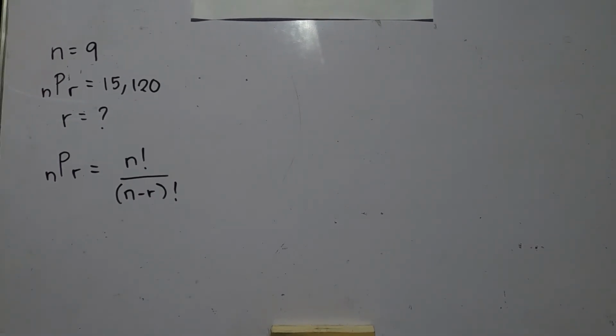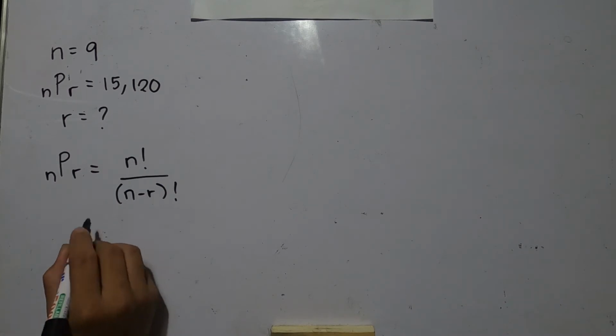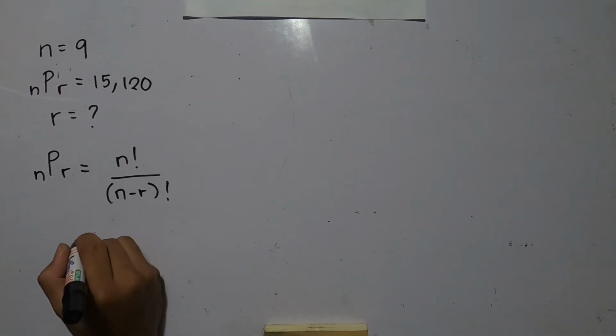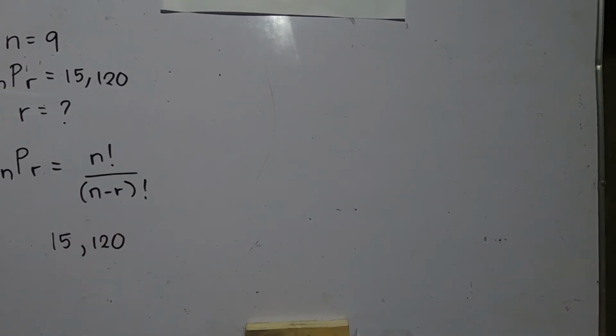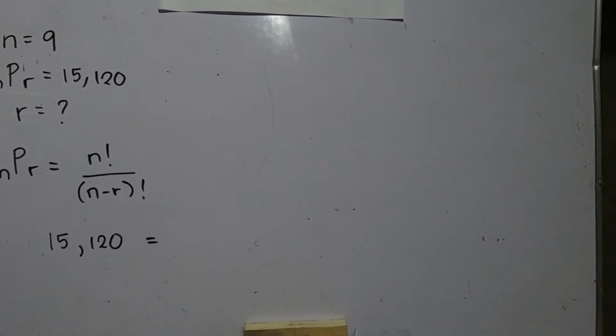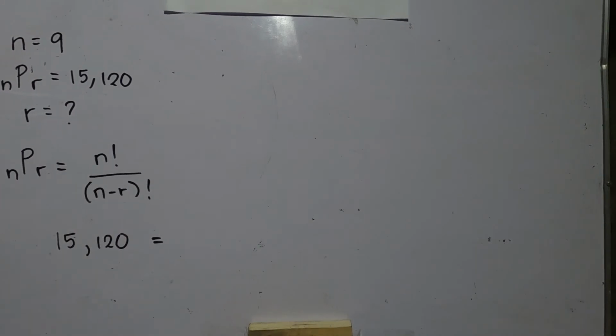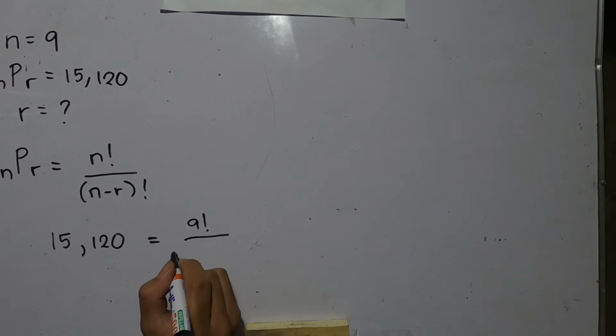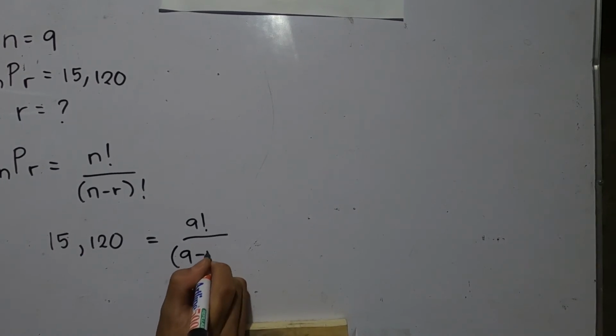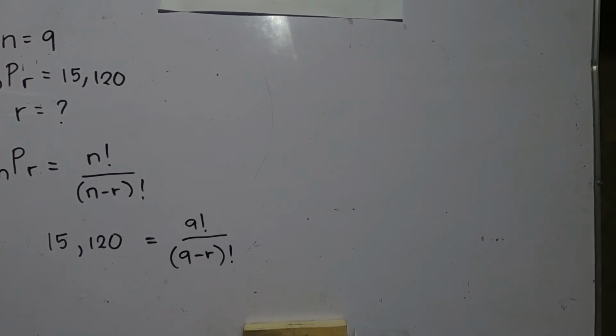By substituting the given values, permutation of n taken r is 15,120, and n is equal to 9. That is 9 factorial divided by the quantity of 9 minus r factorial.